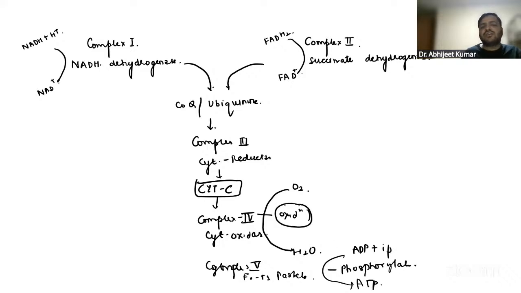So we have oxidation in complex 4 and phosphorylation in complex 5, combinedly known as oxidative phosphorylation. This is something you have to remember.